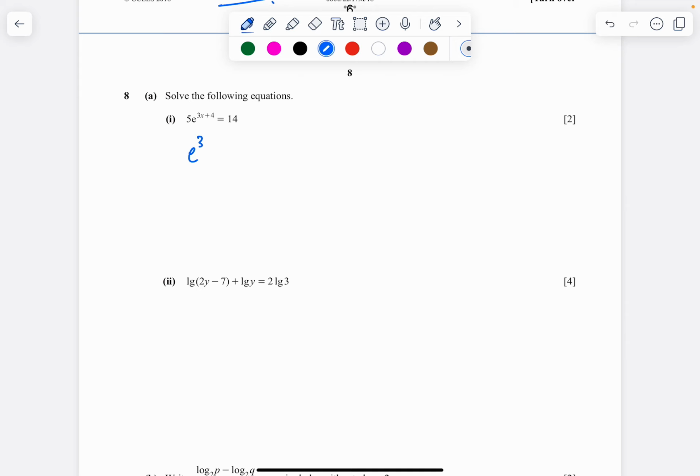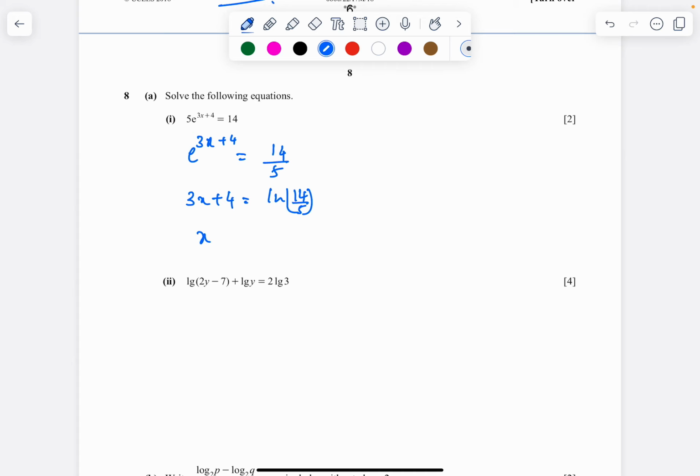Then solve e to the power of 3x plus 4 is equal to 14 over 5. So take ln on both sides. When you take ln on both sides, the e is gone, equal to ln of 14 over 5.